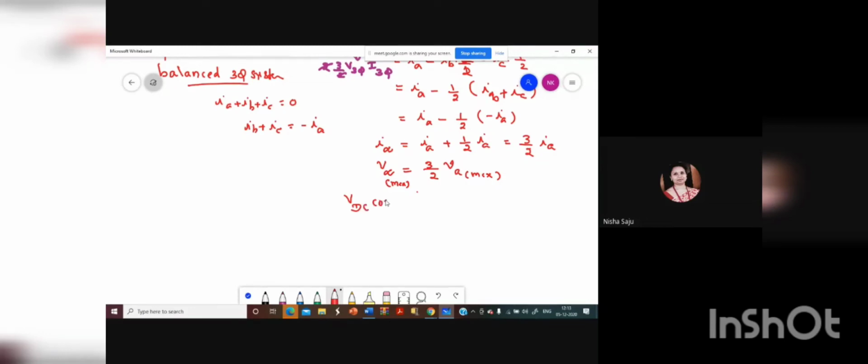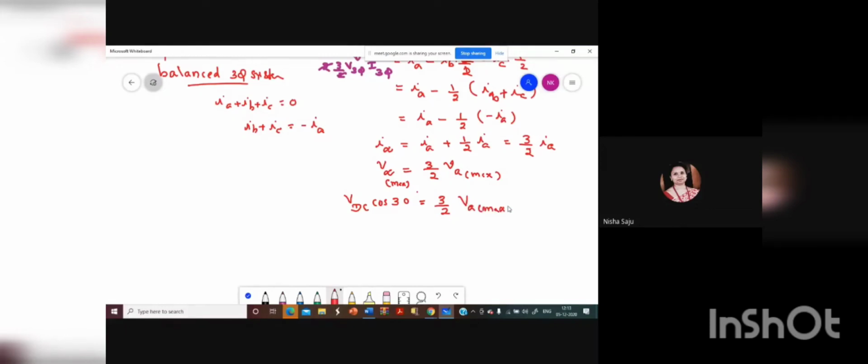VDC cos 30, right? VDC cos 30 is what? That is the maximum radii possible corresponding to a space vector modulation, right? So V alpha maximum is nothing but the maximum radii possible in the case of a hexagon. So it is VDC cos 30 into 3 by 2 into VA max. So find out the maximum value possible in the case of a three-phase quantity.